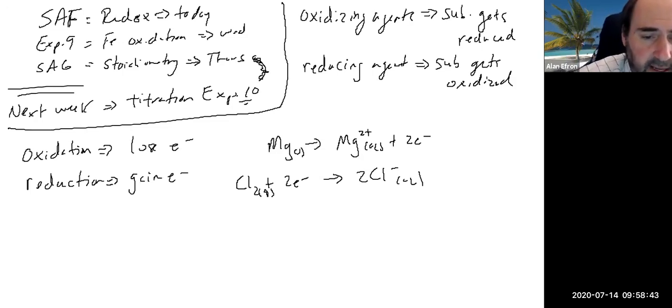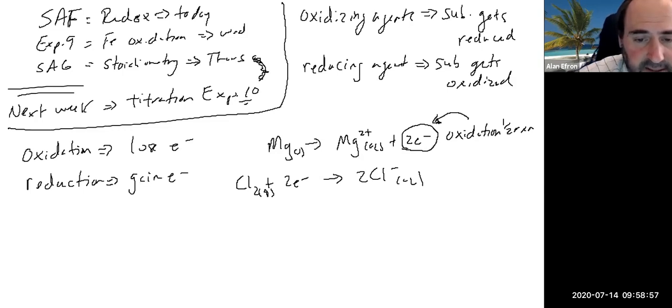The first would be our oxidation half reaction, and we know it's the oxidation half reaction because we see the electrons on the product side, like they're being given off or lost.